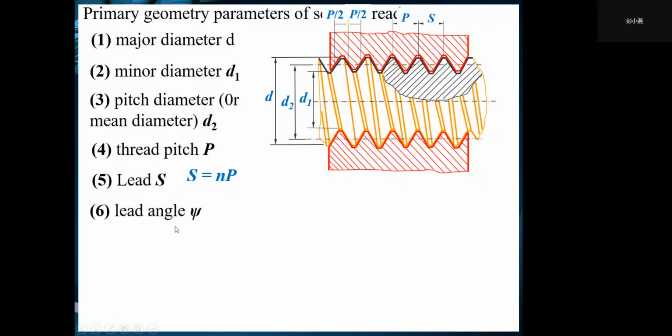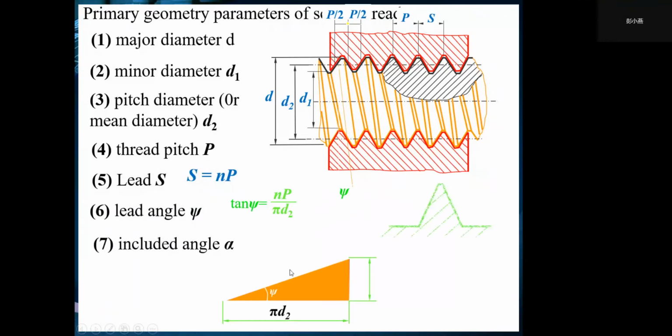The lead angle, psi or gamma, is the angle between the perpendicular of the screw axis and the rise of the thread. We have the relationship: tangent psi is the lead divided by pi times D2.